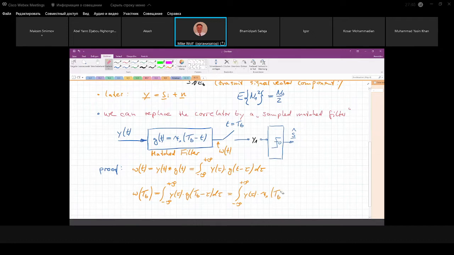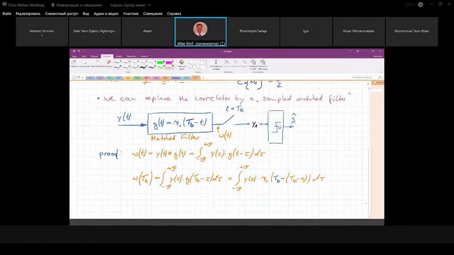This is exactly this TB here. So now the time is TB minus tau, d tau. Now you can see what happens: TB minus TB is 0, and minus minus tau is just tau.